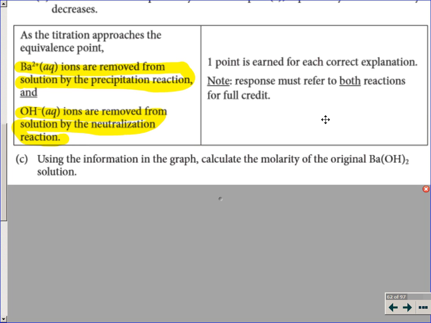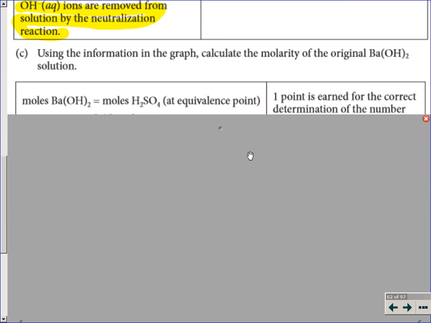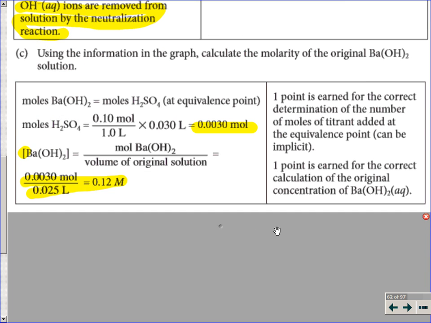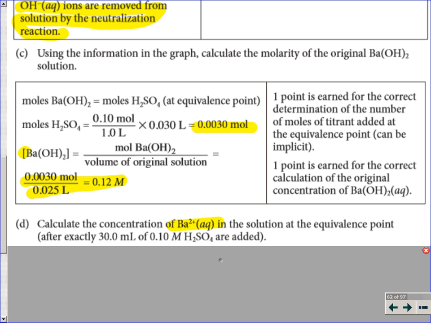Is that right? Okay, and that's to correct sig figs. You got 1 point for determining the number of moles of titrant added. Titrant is sulfuric acid. That could be implicit, which is like us doing stoichiometry. That's an implicit point. And then 1 point for the calculation of the original barium hydroxide concentration, 0.12.